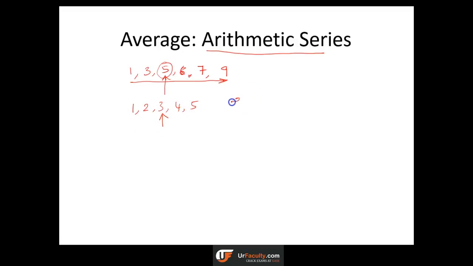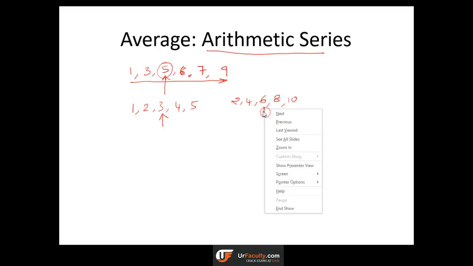Next question. 2, 4, 6, 8, 10. What is the average of these numbers? It's straightforward again. It's 6. That's the middle number and that's the average.